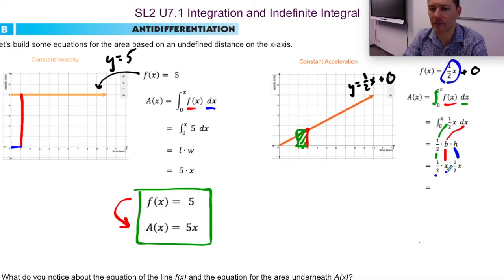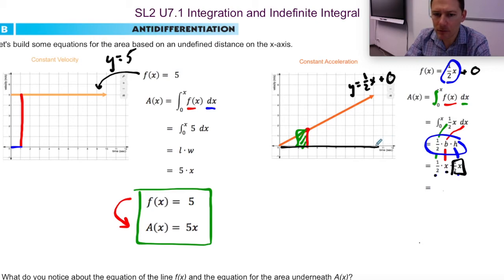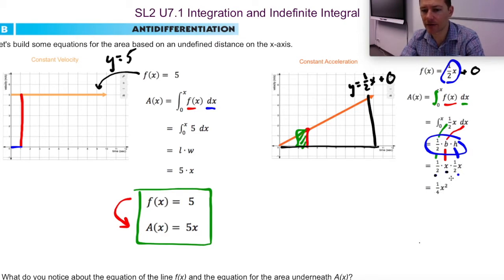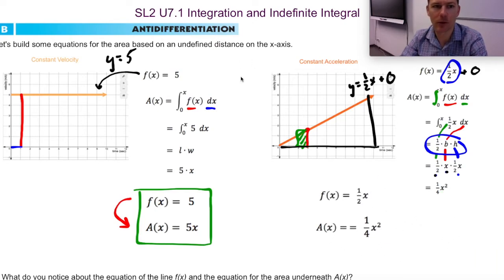So 1 half base times height. This kind of got us a little confused, right? But the area of a triangle is 1 half base times height, right? Okay, so if we rearrange that a little bit, you get the halves come together to give you a fourth, the x's come together to give you x squared. So this is what we ended up with.